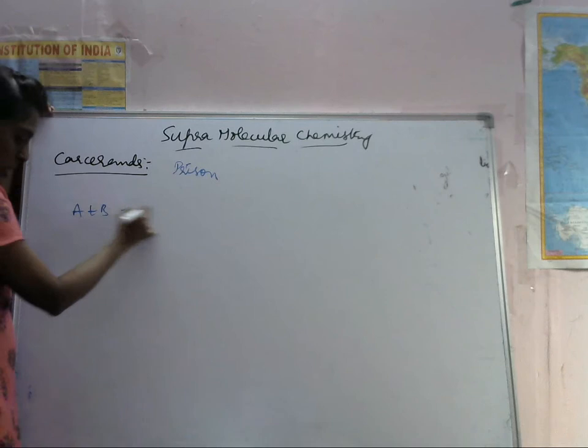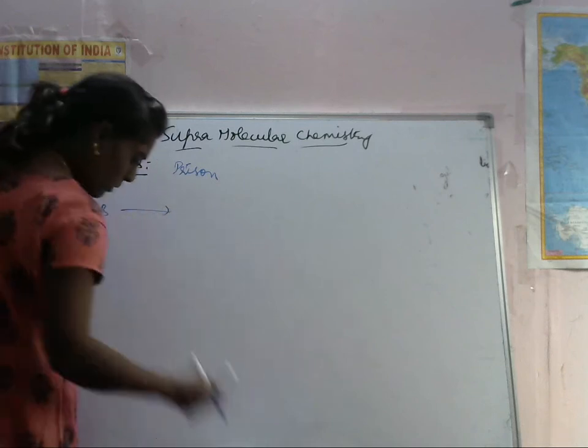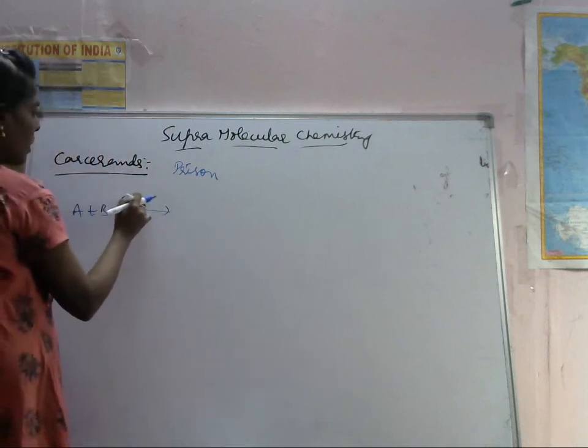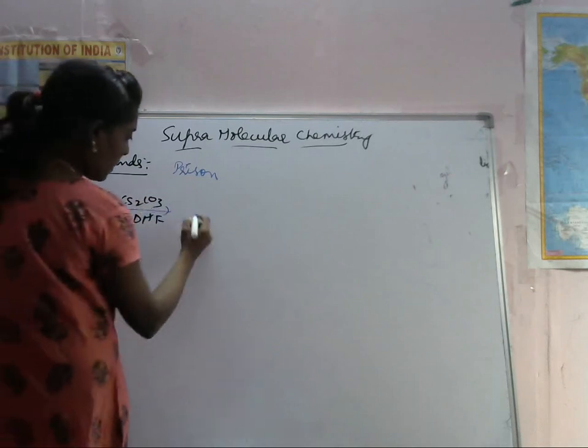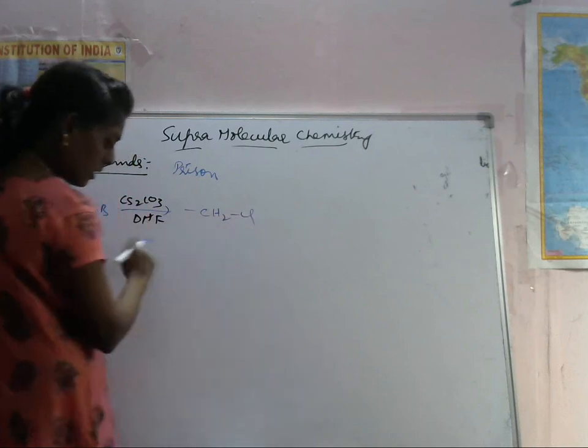A plus B reacts with cesium carbonate in the presence of DMF.